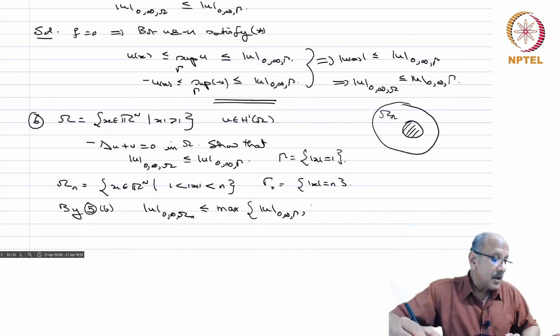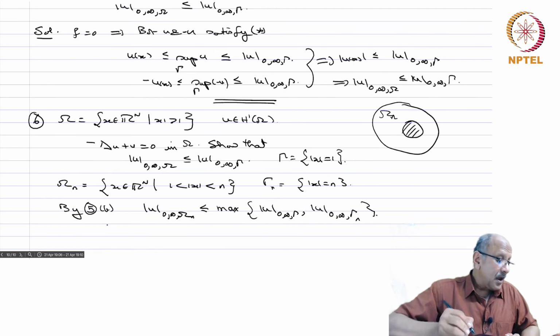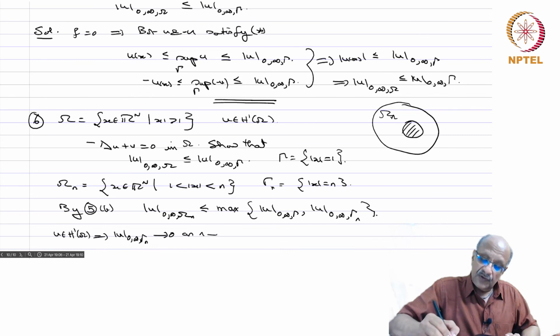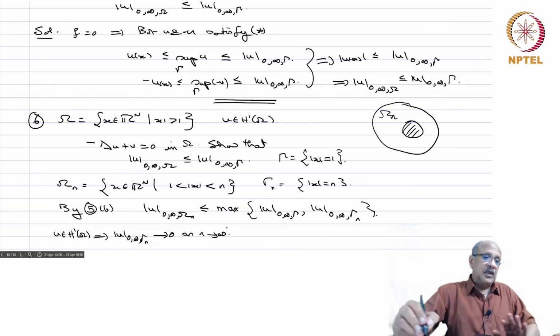and the L infinity norm of u on gamma n. And then u in H1 of omega implies the L infinity norm of u on gamma n will go to 0 as n tends to infinity, because if the function is in H1 of omega, it has to vanish at infinity.